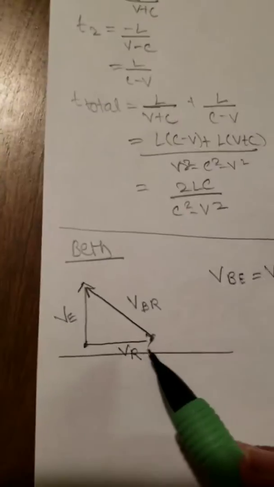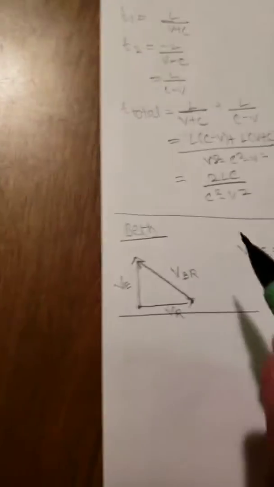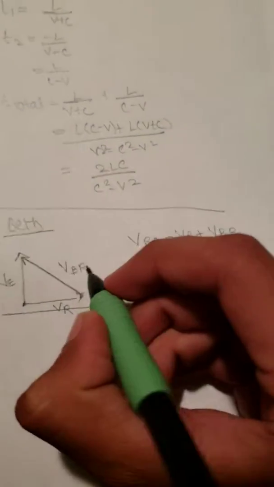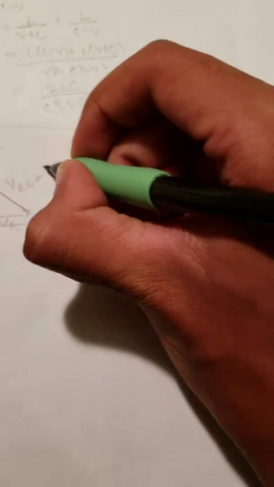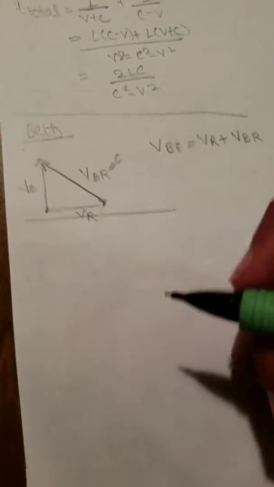In this case, from the diagram I set up over here, we already know that her velocity with respect to the river is c. The velocity of the river is v.